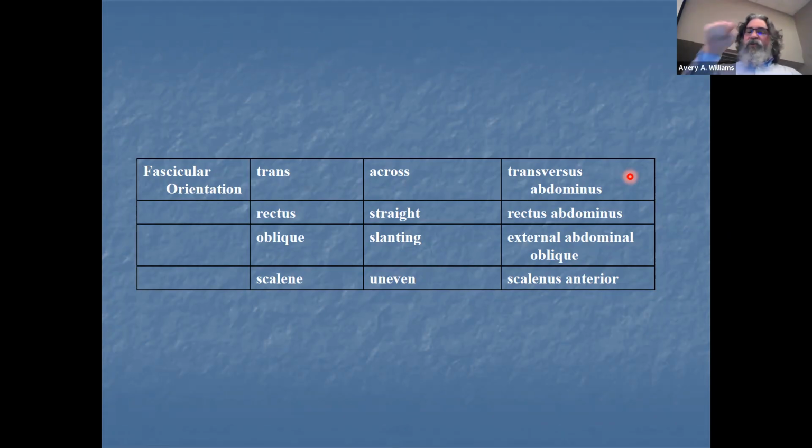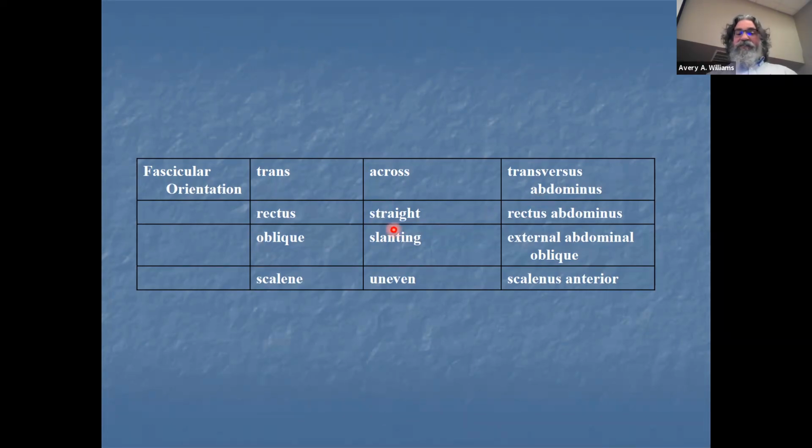If you look in the abdominal region making up the torso, there's a series of about 4 layers of muscle, and you can distinguish one layer from the next by the orientation of the fascicles. You can tell which way the muscle is running. The transversus abdominis has muscles that are running on the horizontal or transverse plane.